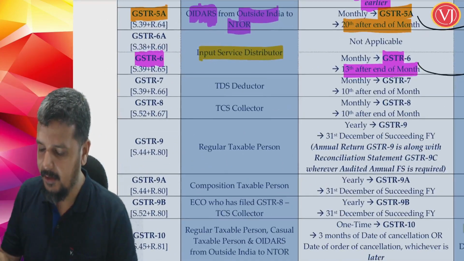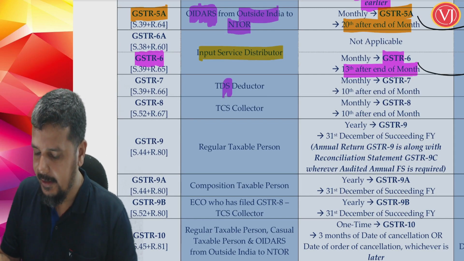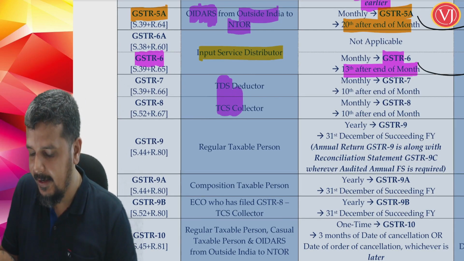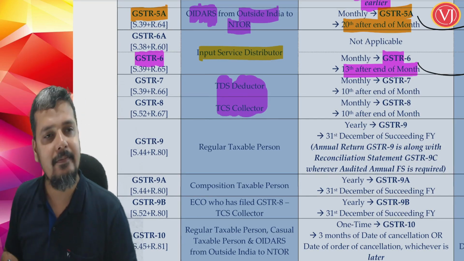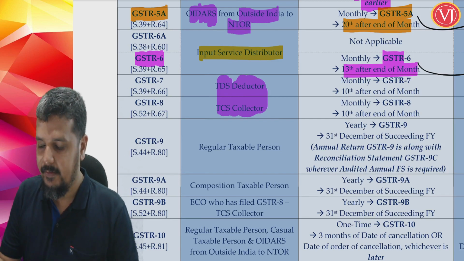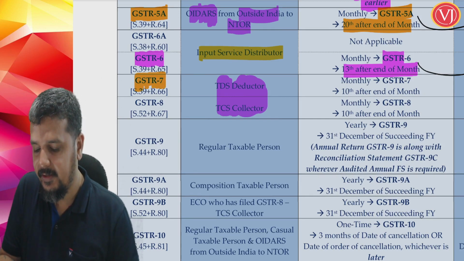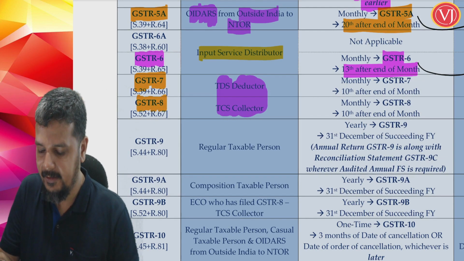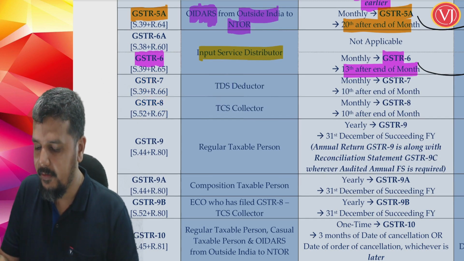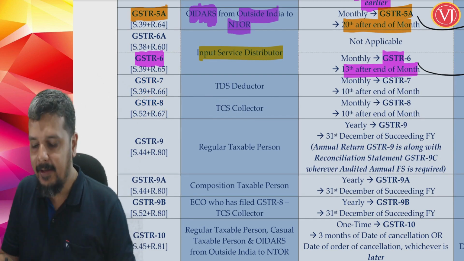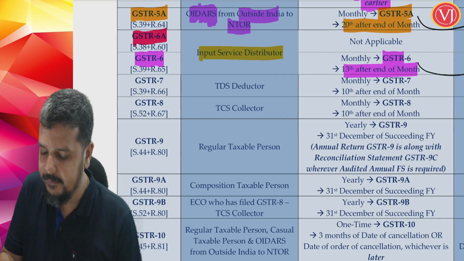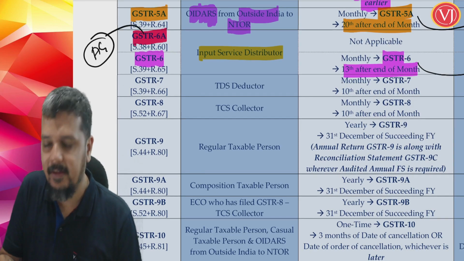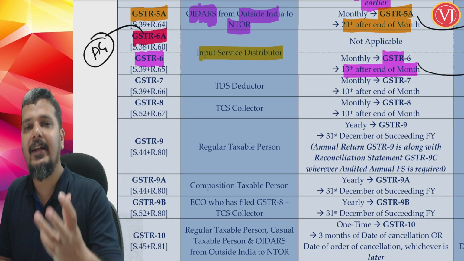Then you have something called TDS by government and TCS by electronic commerce operator. Before going to TDS and TCS, for your input service distributor, their inward supplies will be auto generated in 6A. ISD will take the credit, pass on the credit.